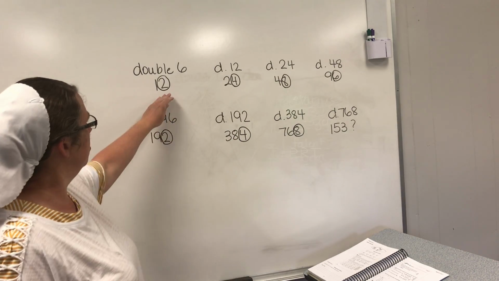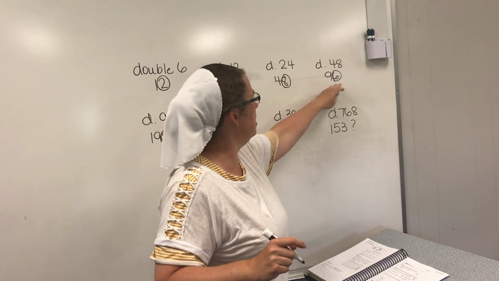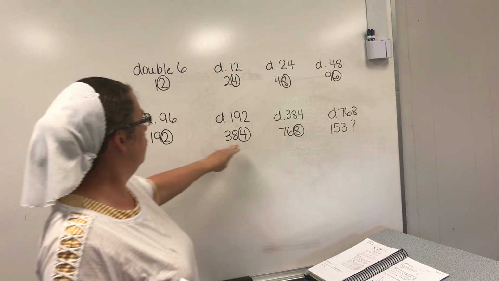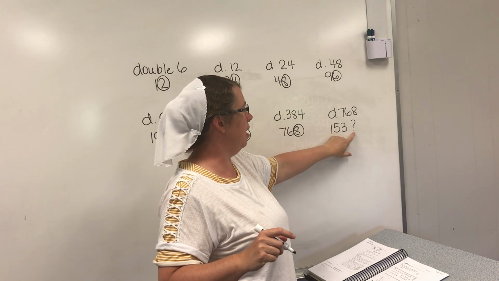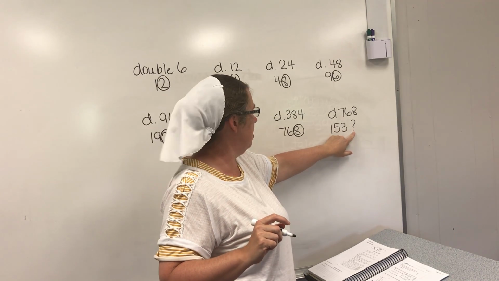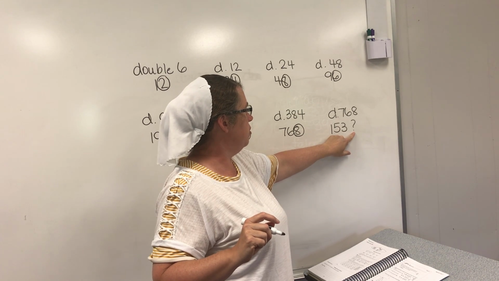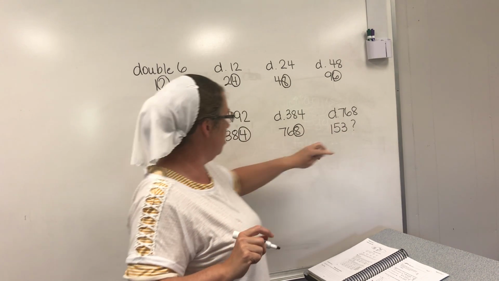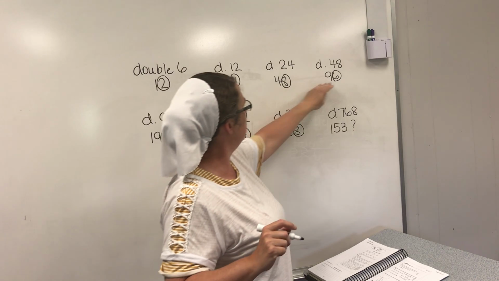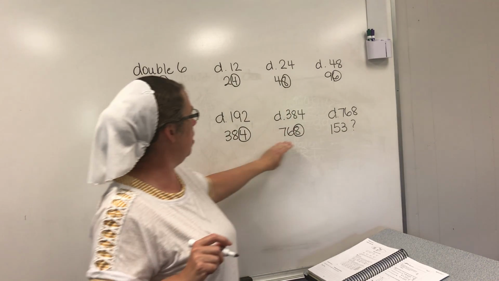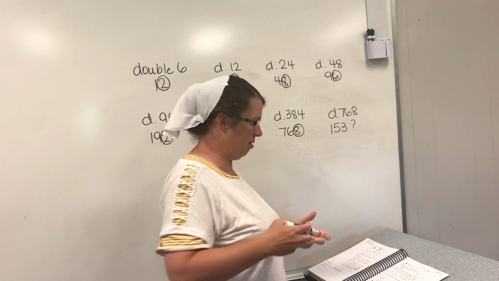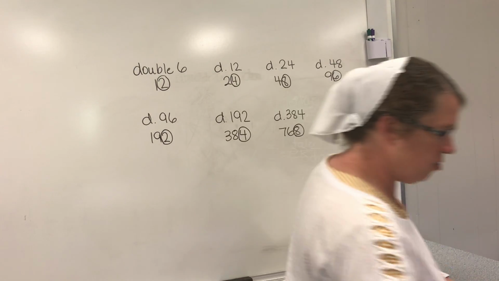See what we've got? 2, 4, 8, 6. 2, 4, 8. What do you think this guy is going to be? A double 768, what number should it be? 2, 4, 8, 6. Think that's a 6? Let's use our calculator.